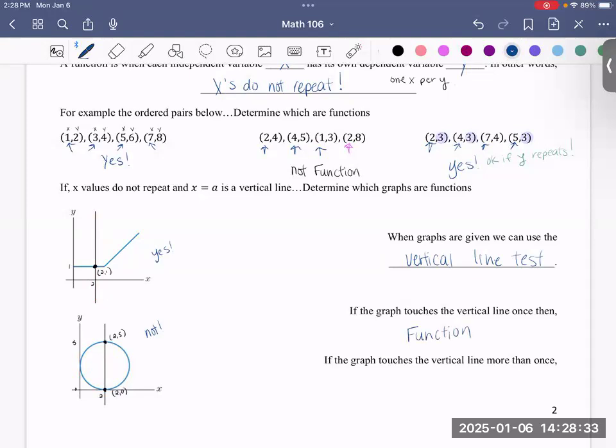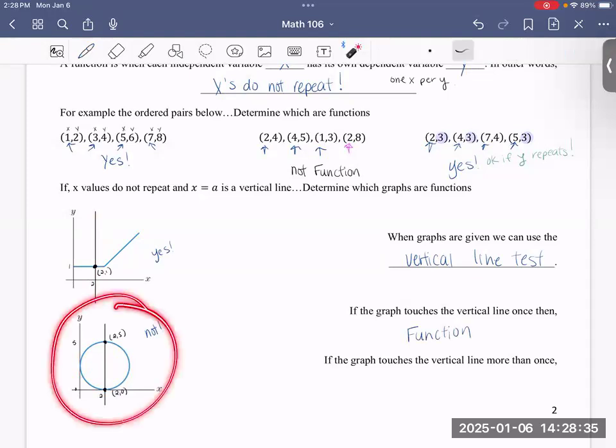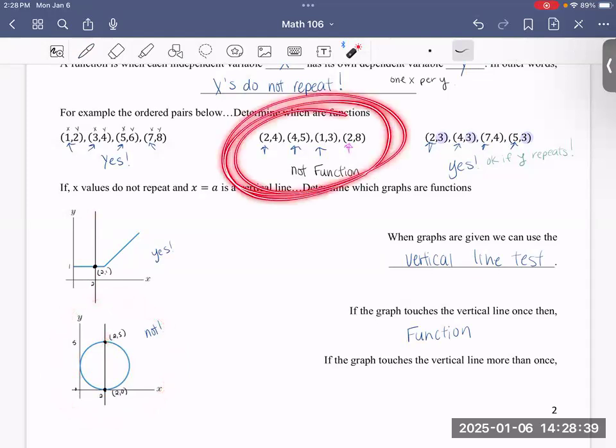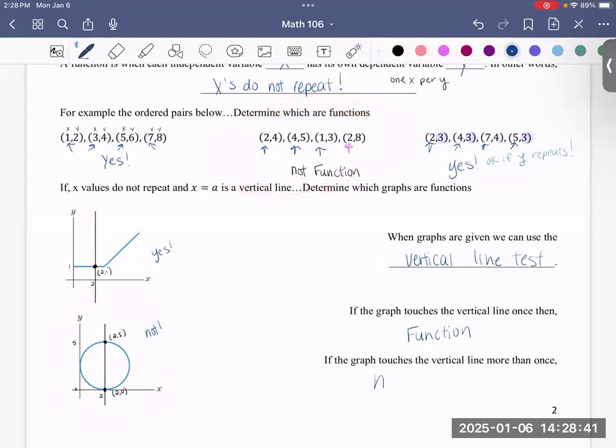If the graph touches the vertical line more than once, as long as it hits again, we have this situation where it's now repeated. So it is not a function. So if graphically we want to determine if it's a function or not, all we have to do is draw a vertical line to see if it'll pass.